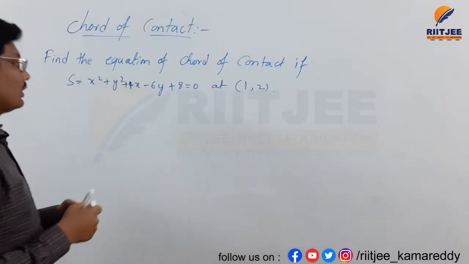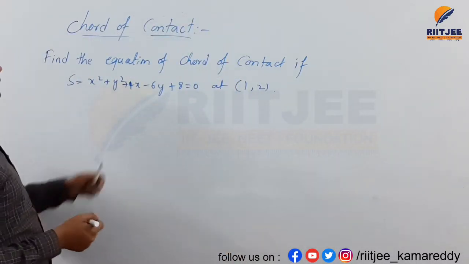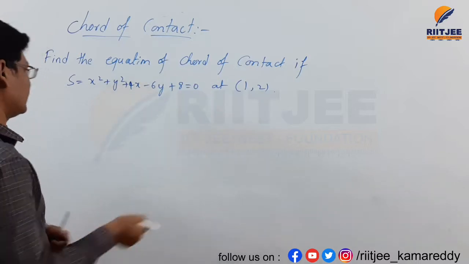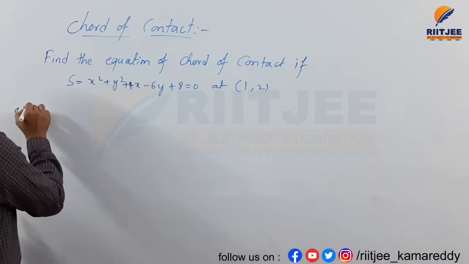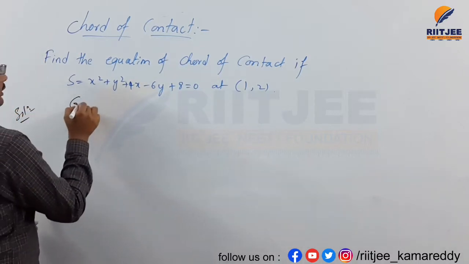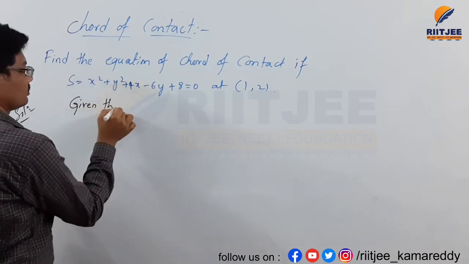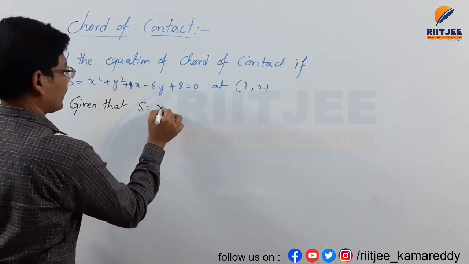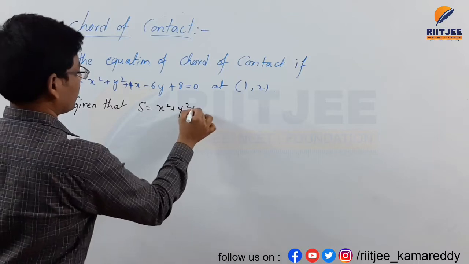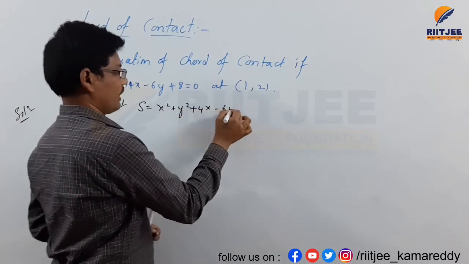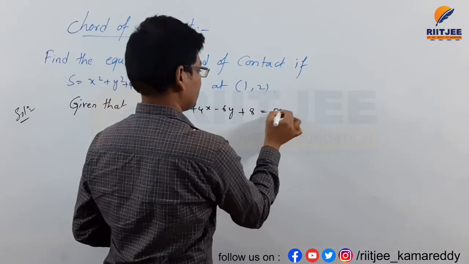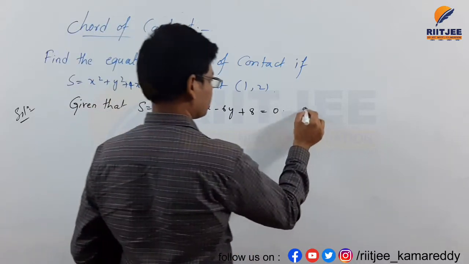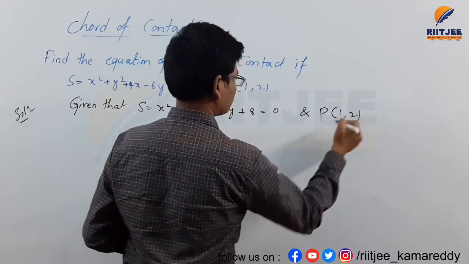This is the question here, and we need to find the equation of the chord of contact. The solution is: given that S equals x square plus y square plus 4x minus 6y plus 8 equals 0, and P of 1 comma 2.